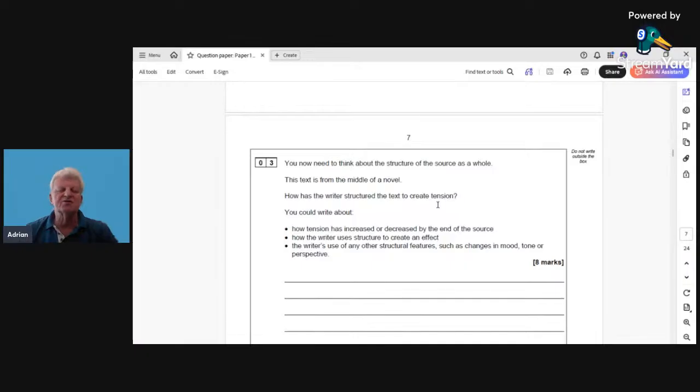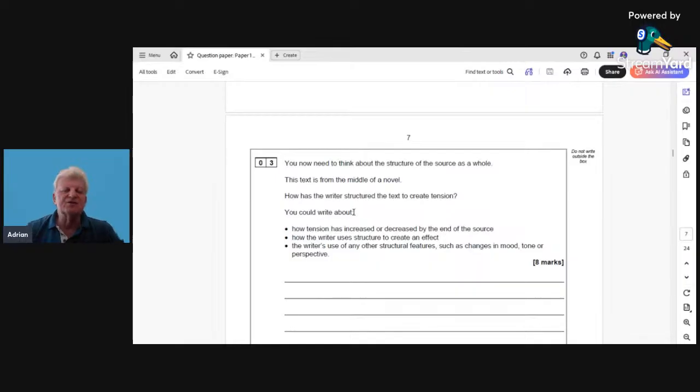Now, structure has got to be understood as being the way a story is put together, how the story builds, how as the story progresses, more detail is introduced. But it's lots of elements. So structure is almost about categorizing what is going on.